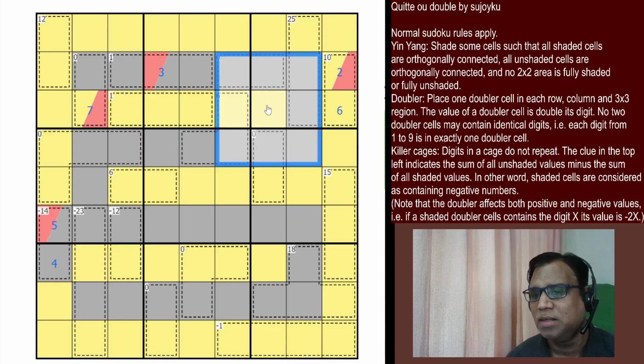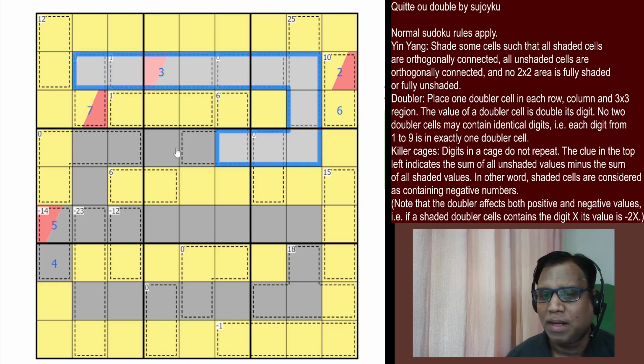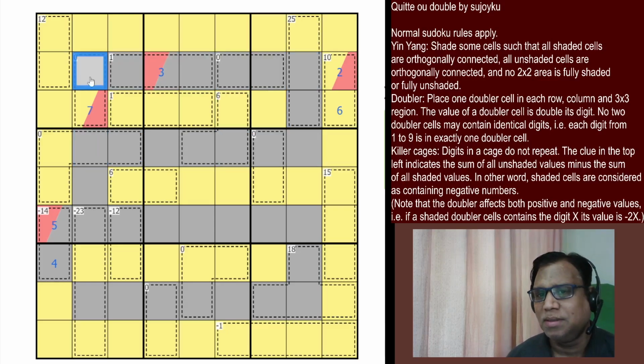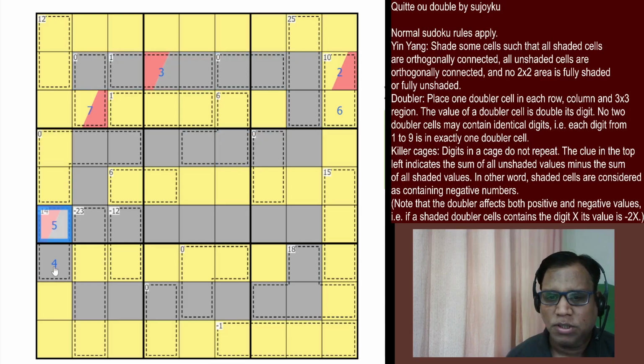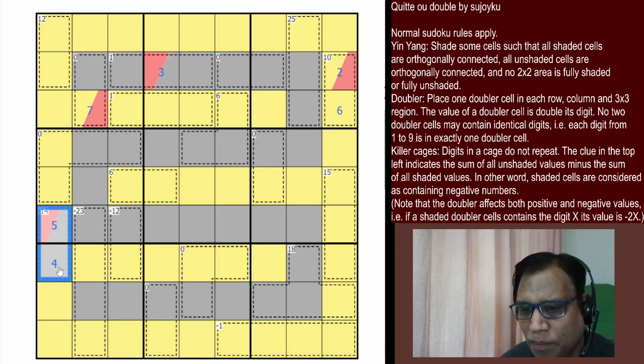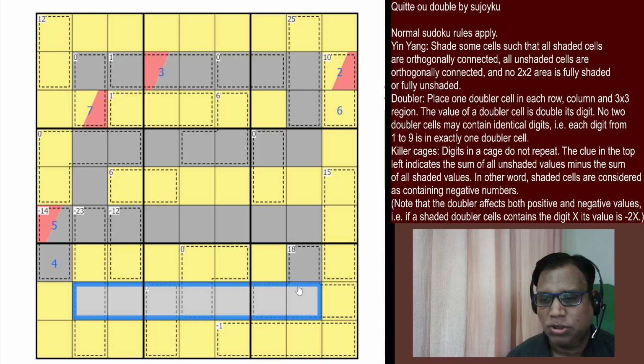That kind of thing is always there, some way of marking shading and unshading. In this case, it is the total of the killer cages, which is useful for distinguishing between shading and unshading.